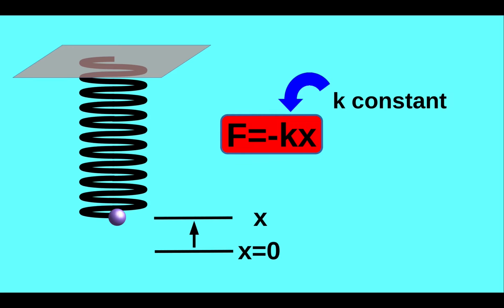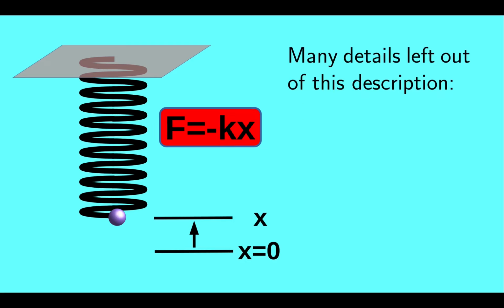To describe the force on the ball as a function of the ball's position, we write down the equation F equals minus kx, where F is the force on the ball and k is the spring constant. But there are a lot of details left out of this description. For example, air resistance.